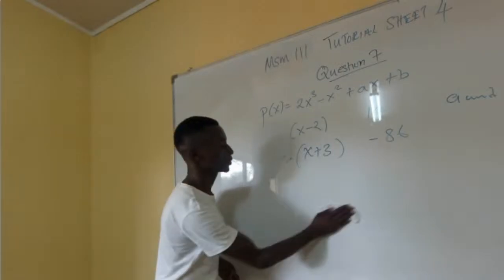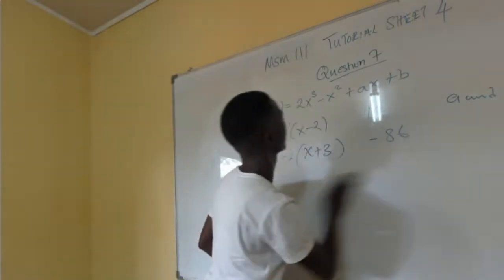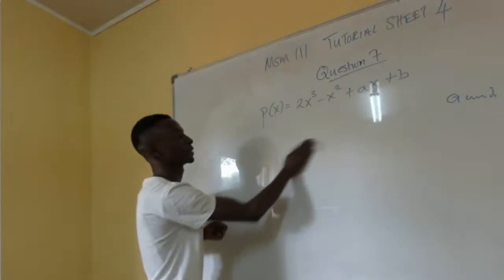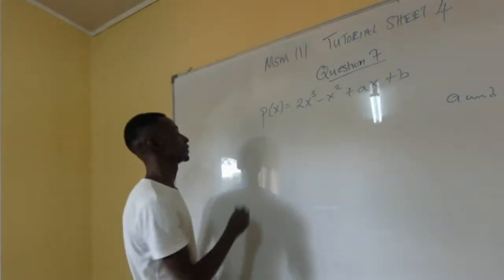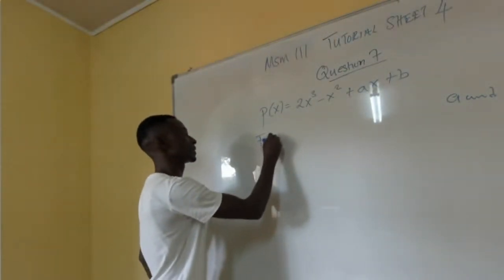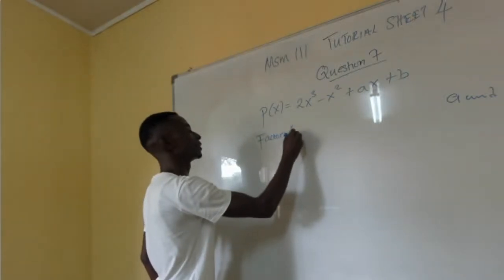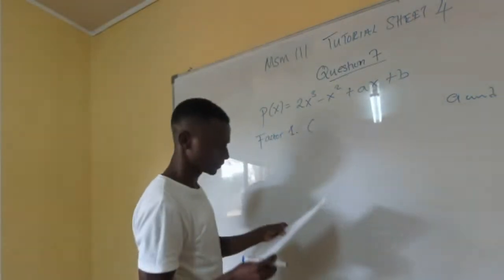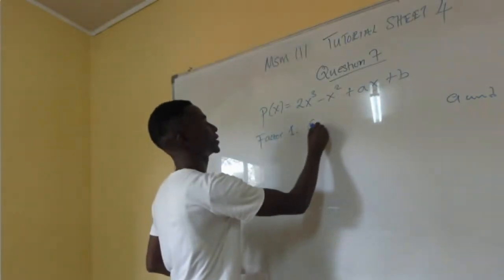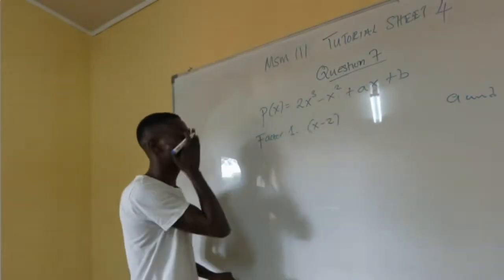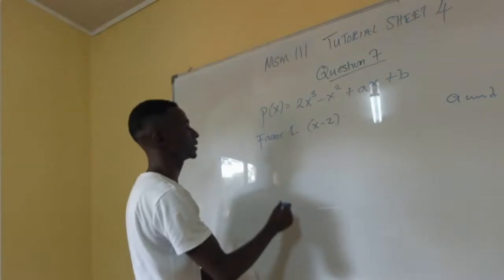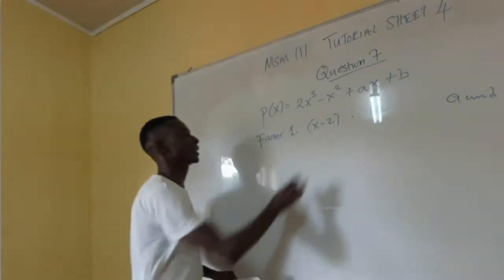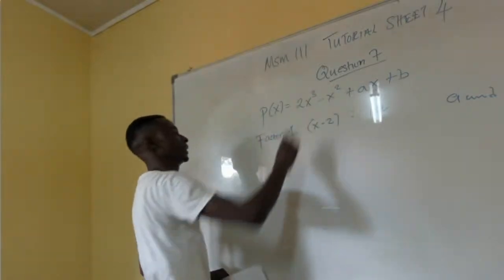So now finding the values of A and B is simple. What is it that we're supposed to do? So we have two factors. So factor 1, we have x minus 2. So now let's use the same method, and we say it is giving us a remainder 14 if divided by that.